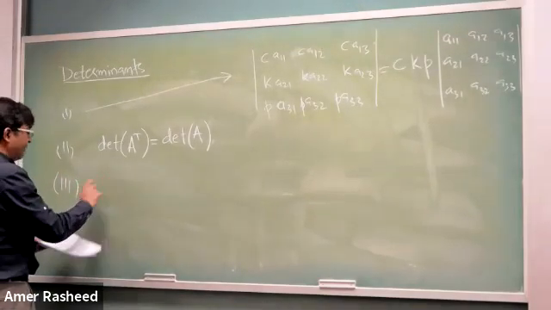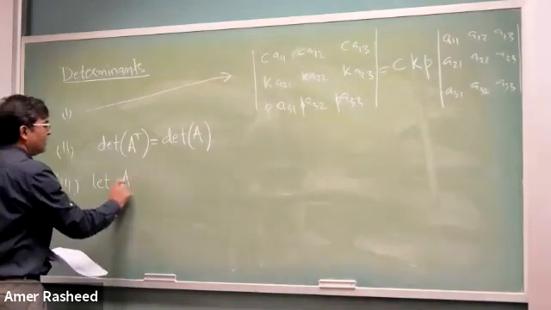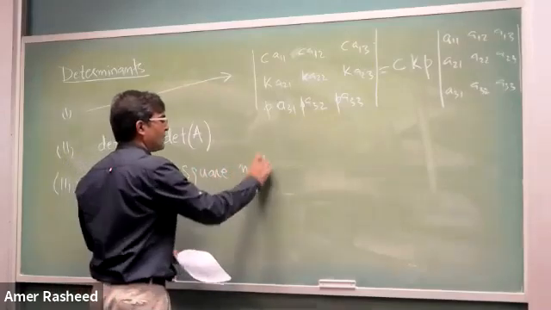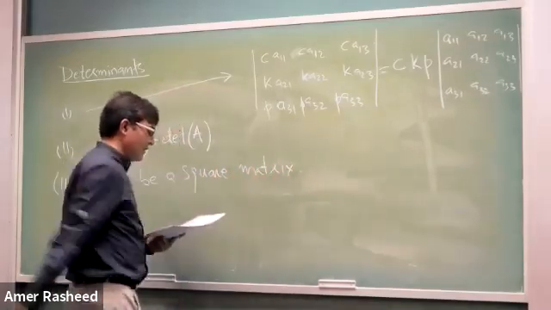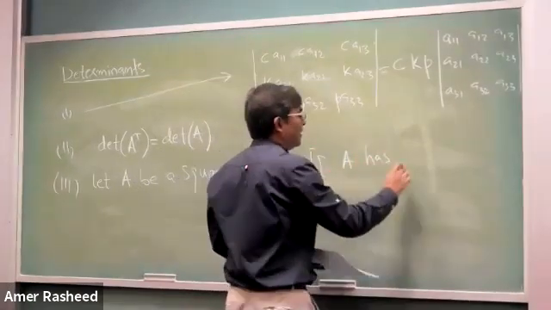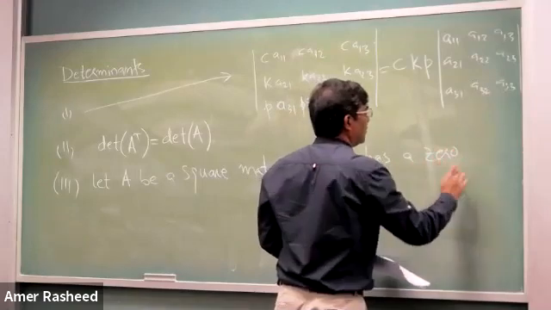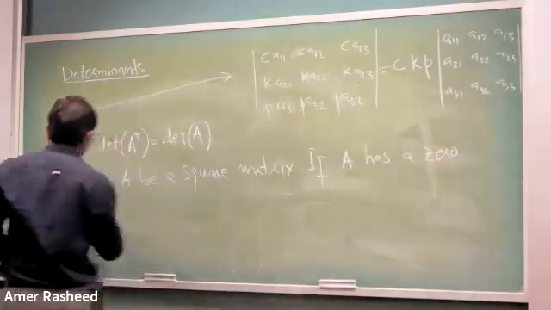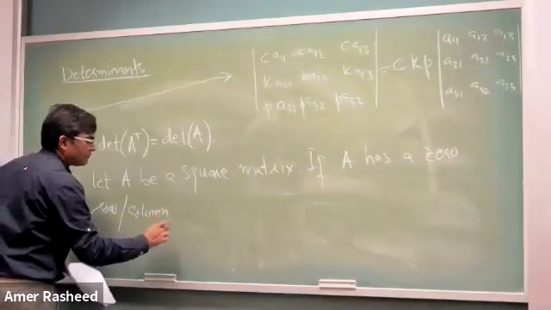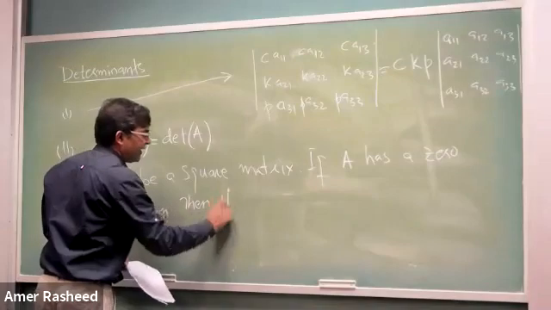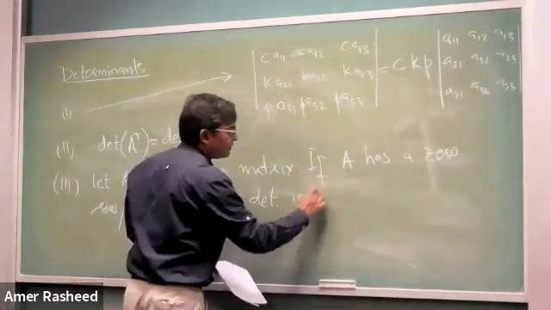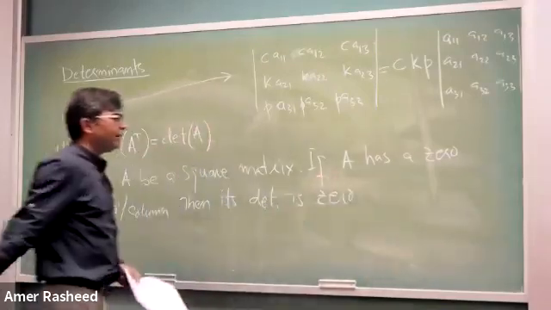For any square matrix, or you can say let A be a square matrix, if A has a 0 row or column, then its determinant is 0. ये क्यों भाई?